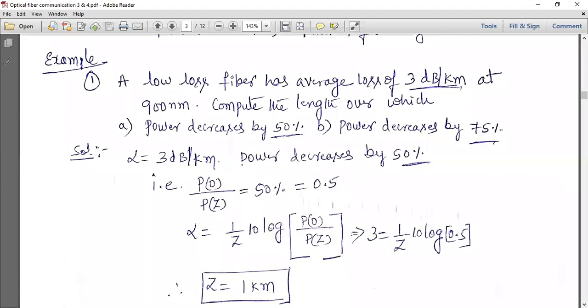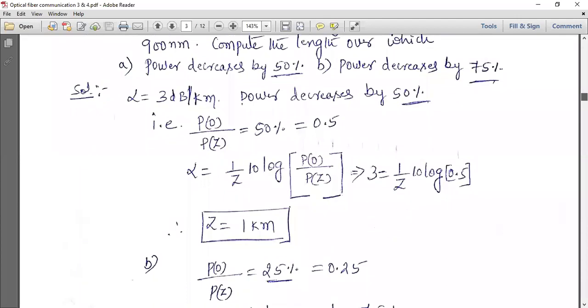Just substitute the values in your attenuation expression, alpha is equal to 1 by Z, 10 log of P of 0 by P of Z. Substitute, and you end up with Z equal to 1 kilometer. That means after 1 kilometer, your power is decreased by 50%. After maybe 2.5 kilometer, your signal strength will completely go down. That means you have to use repeaters after 2.5 kilometer.